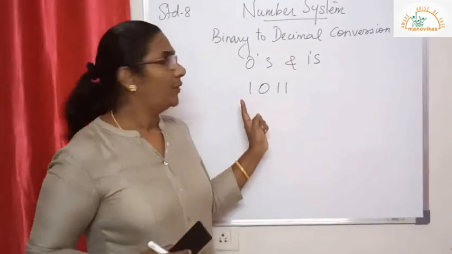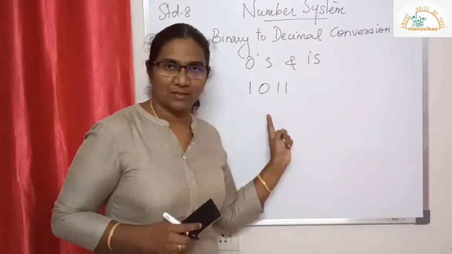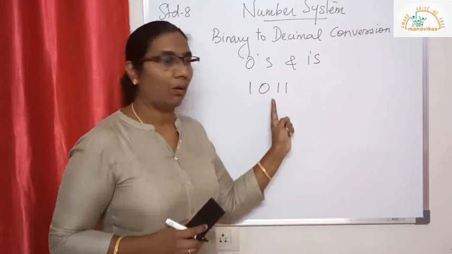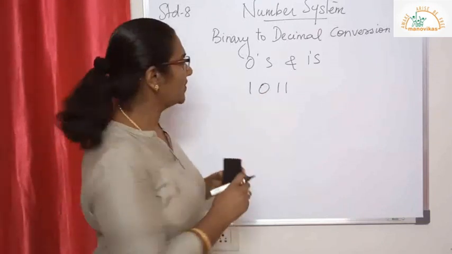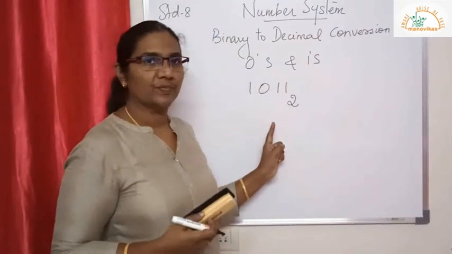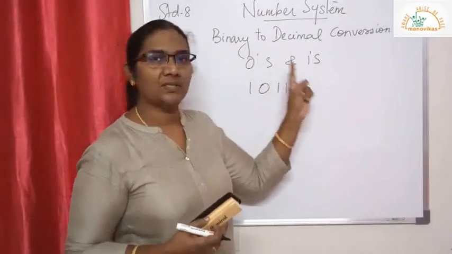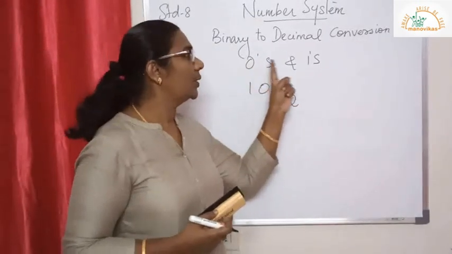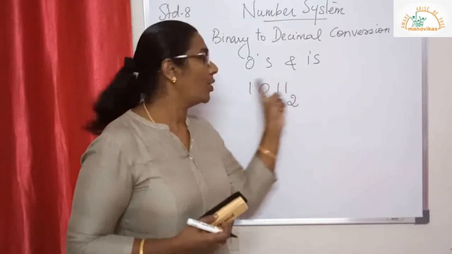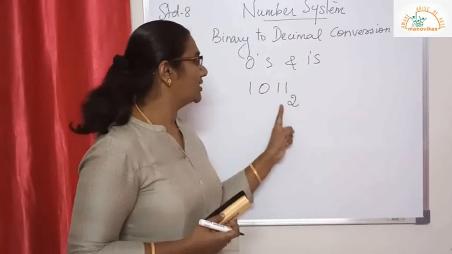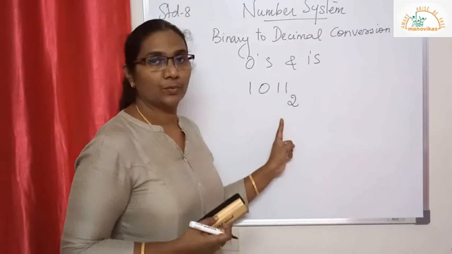1011. Now there are 4 digits in this number and each digit is 0 or 1. Also it has a base value, that is 2. So the binary number system means a number system which uses zeros and ones for forming a number, and the base value of the number system is 2.